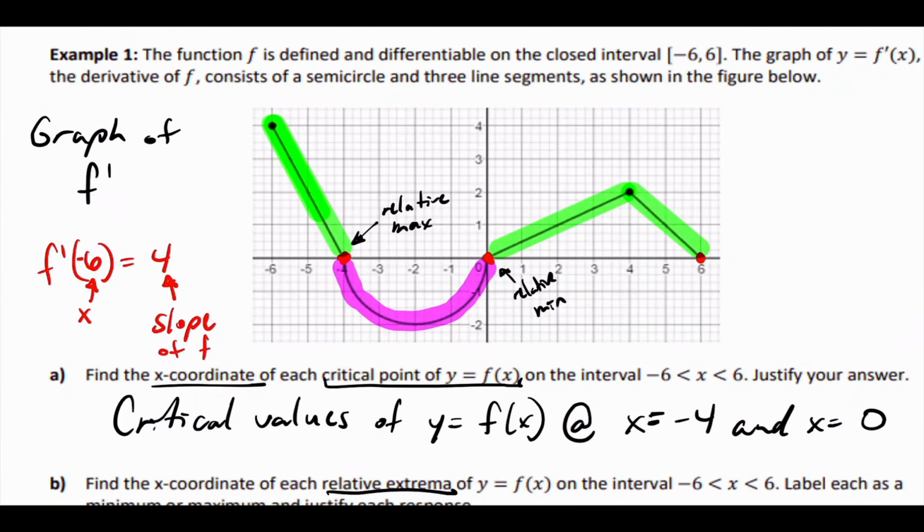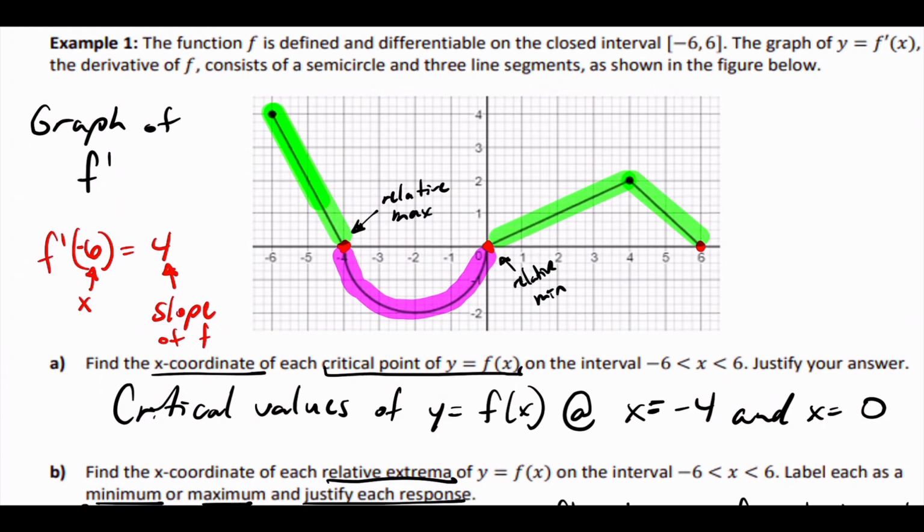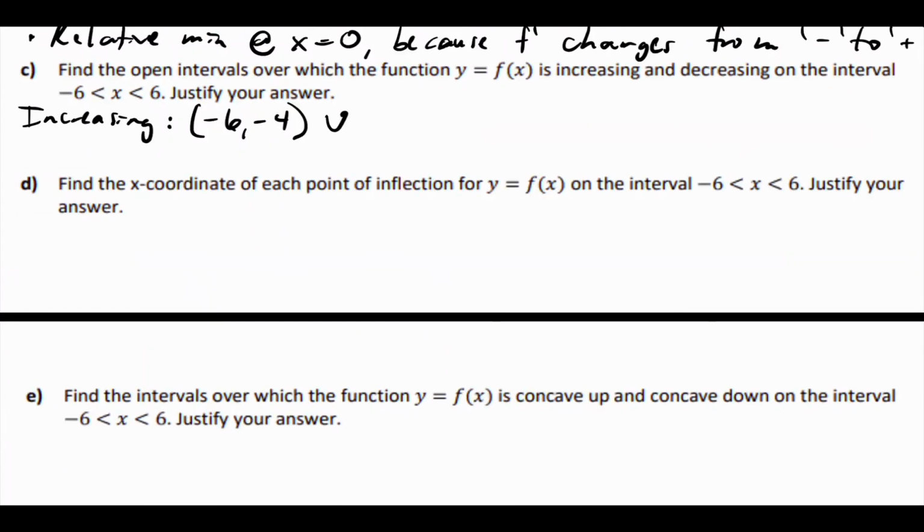Where is it also increasing? From 0 to 6, right? I highlight mine. It's visual. It helps me. So sometimes highlighters, markers help, right? Okay, that's where it's increasing.